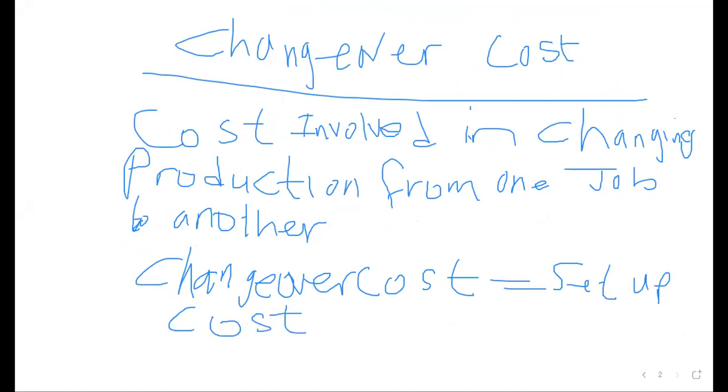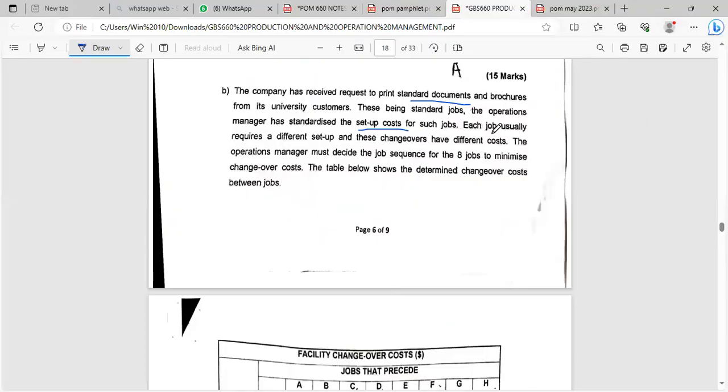So the question continues. Each job usually requires a different setup, and these changeovers have different costs. The operations manager must decide the job sequence for the 8 jobs to minimize the changeover cost. That's the objective of every organization, to minimize cost.